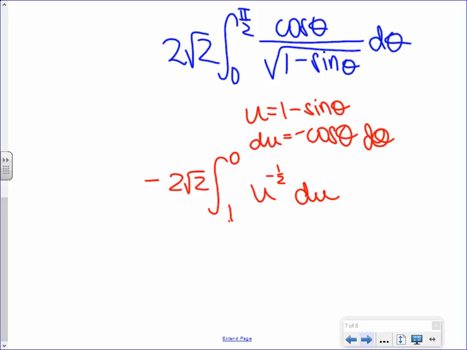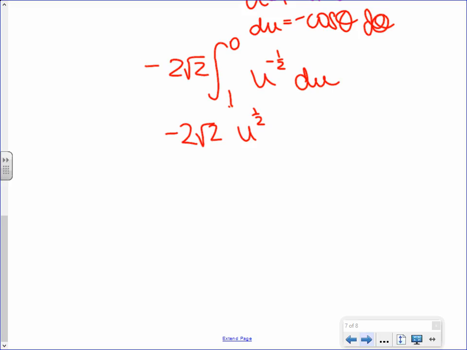I'm going to go ahead and change the limits of integration because I just am kind of tired of calculating at this point. Okay? So we get u to the positive 1/2 times 2.